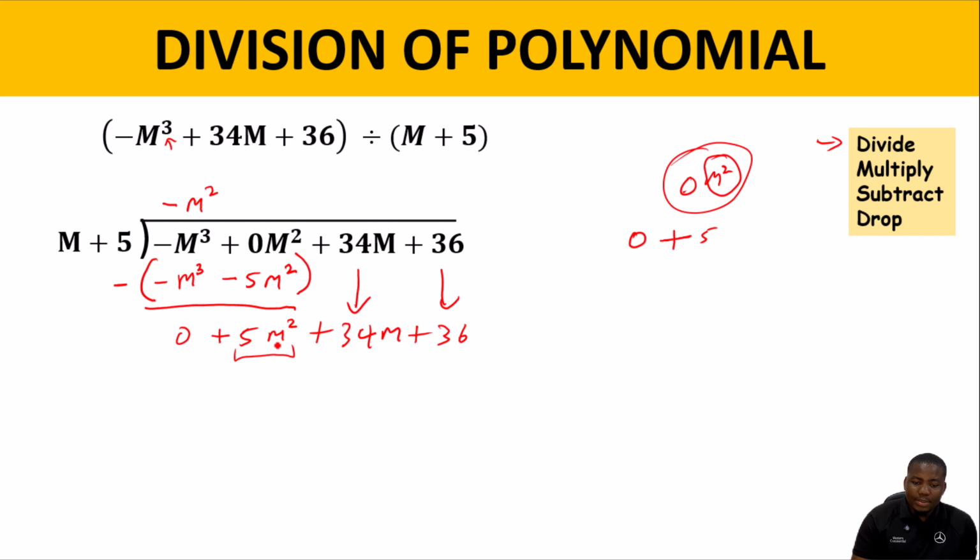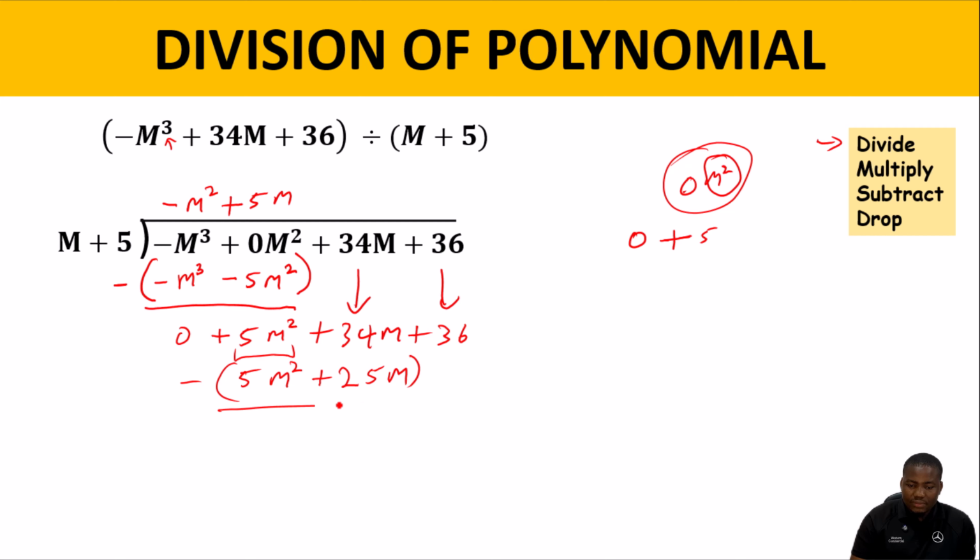Now, we take this again. We divide it with m. We have positive 5m. Multiply 5m with m, we have 5m squared. 5m times 5, we have 25m. So we subtract.